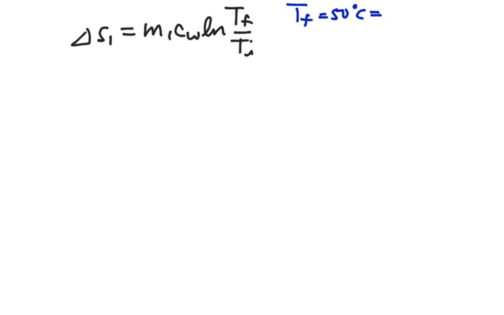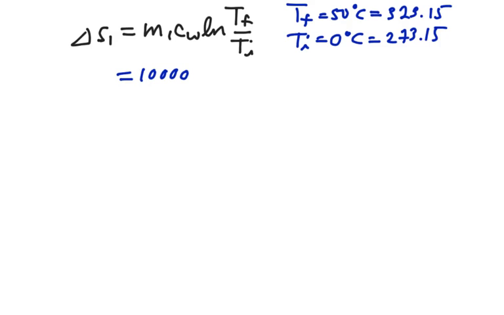So that's going to be 50 plus 273.15, 323.15. And of course our initial is 0 degrees Celsius, or 273.15. So this is going to be equal to 10,000 times 1 times natural log 323.15 over 273.15.